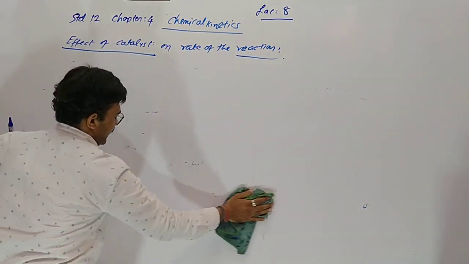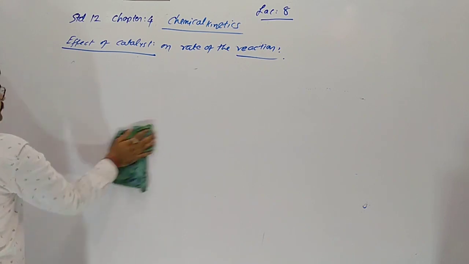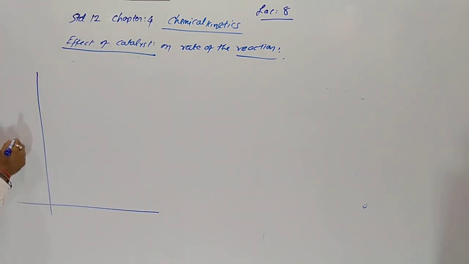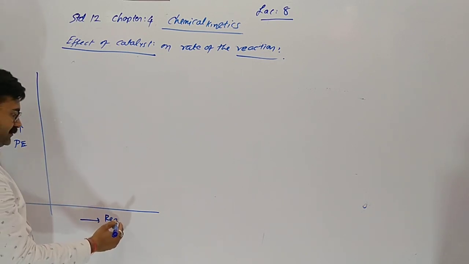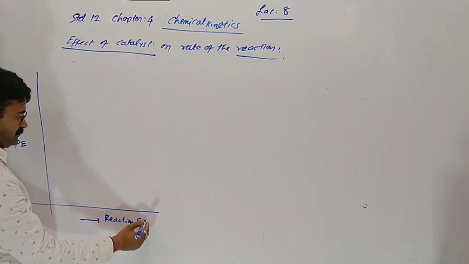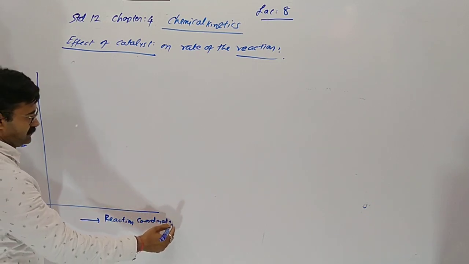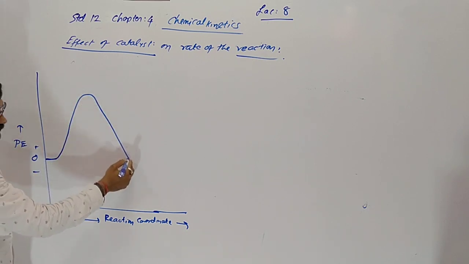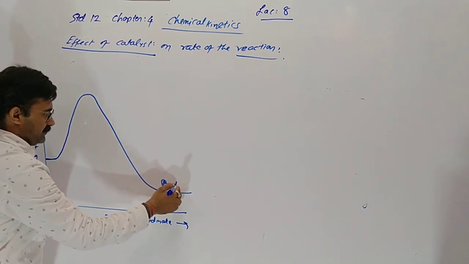Potential energy on the y-axis, and reaction coordinate on the x-axis. You can see this is our reactant. It gives a product.